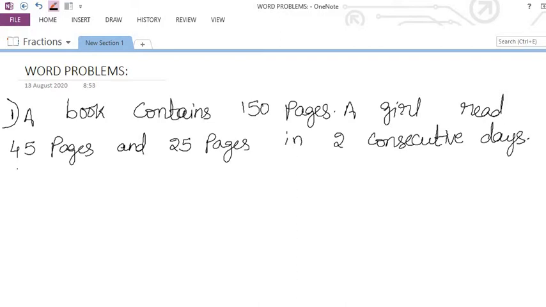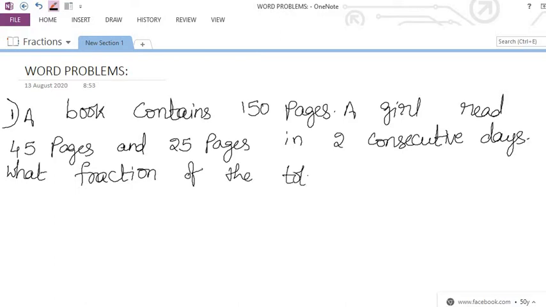Consecutive is nothing but today, tomorrow, like that. Just beside, next day, in that way. What fraction of the total pages did she read?